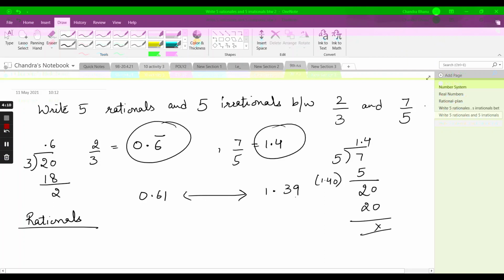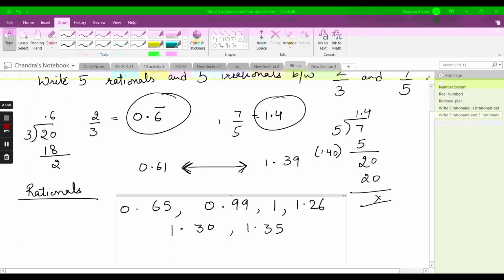So my range is from 0.61 to 1.39. I can write any number: 0.65, 0.99, 1.26, 1.30, 1.35, anything. You can take up to 3 or 4 decimal places, but it will be a terminating decimal expansion. So that will be rational.